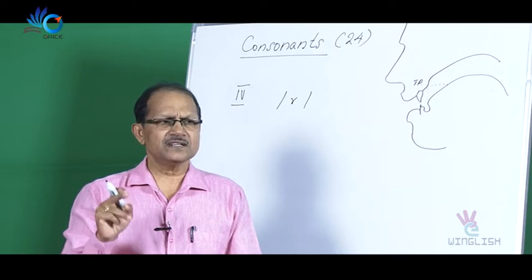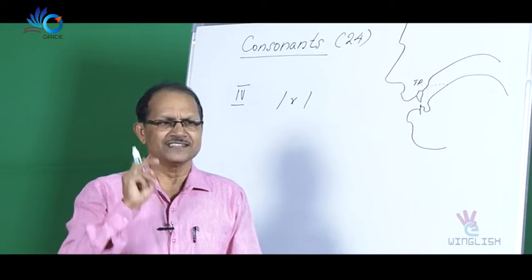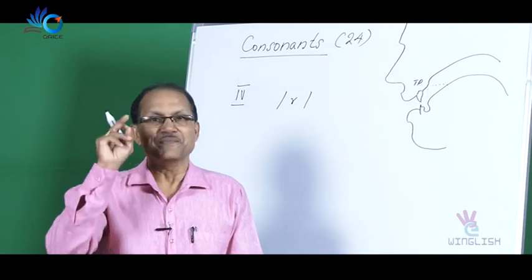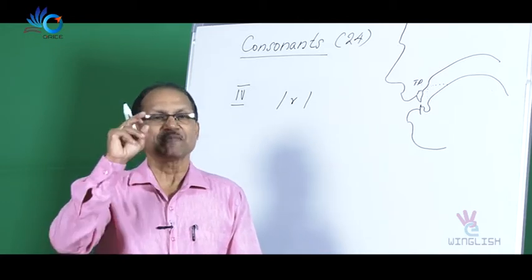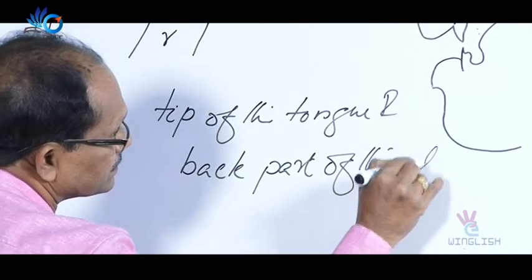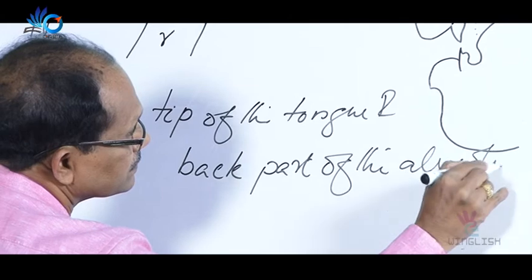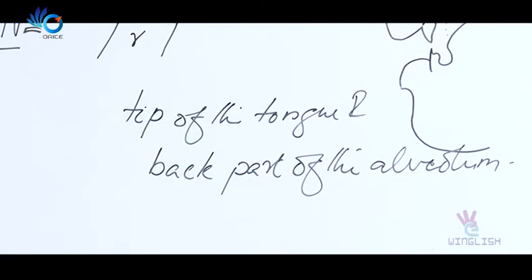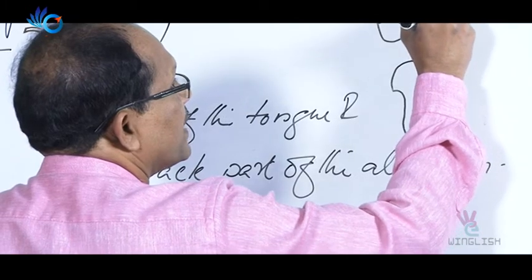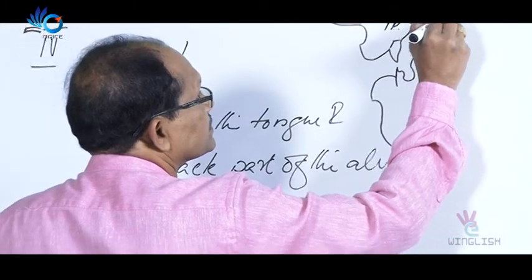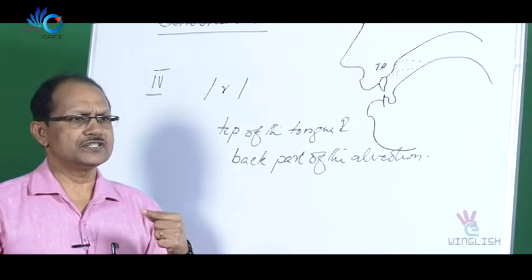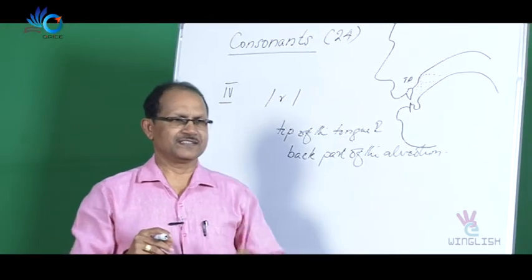T, R. So, tip of the tongue and back part of the alveolum. That is somewhere like here, back part of the alveolum. T, R. Got it?